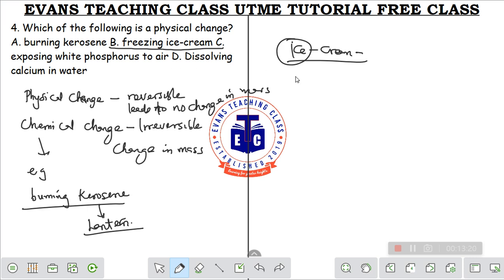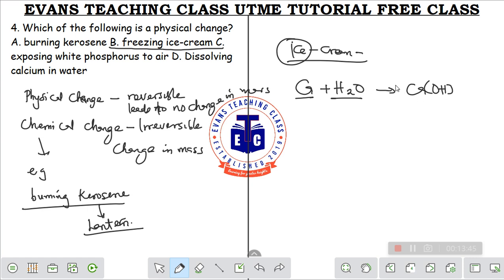Now when you dissolve calcium in water, you know this is calcium and this is water. When you dissolve calcium in water, it's going to give you this compound. So just balance it. I'm trying to balance it.